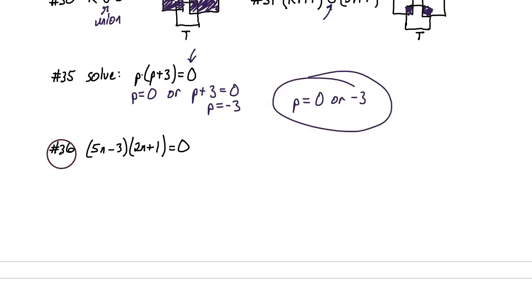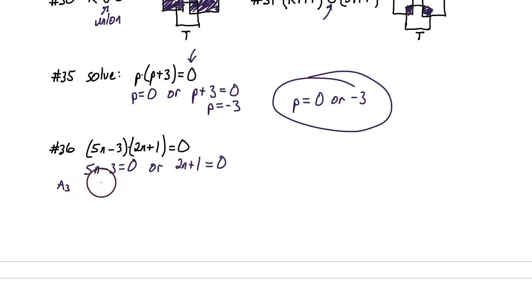Number 36 fits that same pattern. There's a multiplication here in the middle. So this binomial times this binomial equals 0. For two things to multiply together and equal 0, at least one of them has to be 0. So the 5n minus 3 has to be 0, or that other one has to be 0. Let's solve each of these.